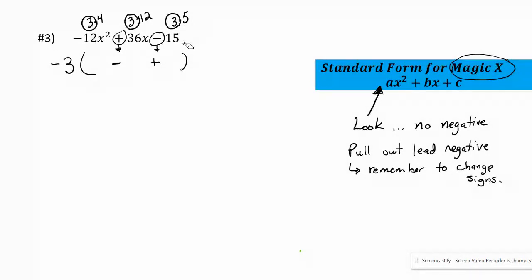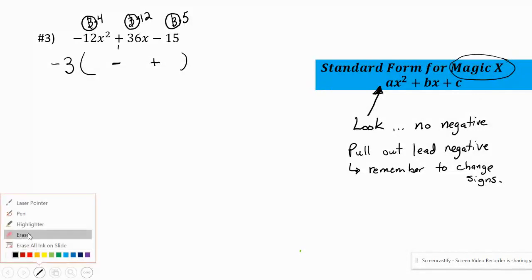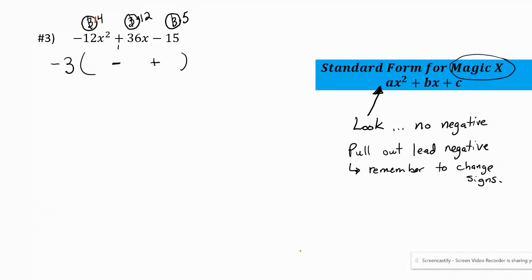So the GCF is just a number. Okay? So I'm pulling out the 3s. That leaves me with a 4, a 12, and a 5.